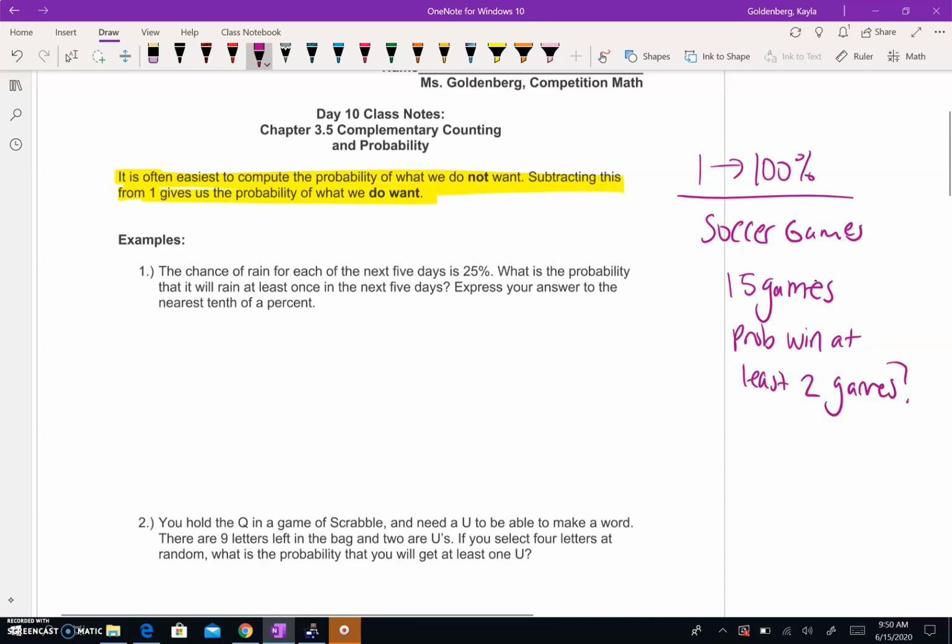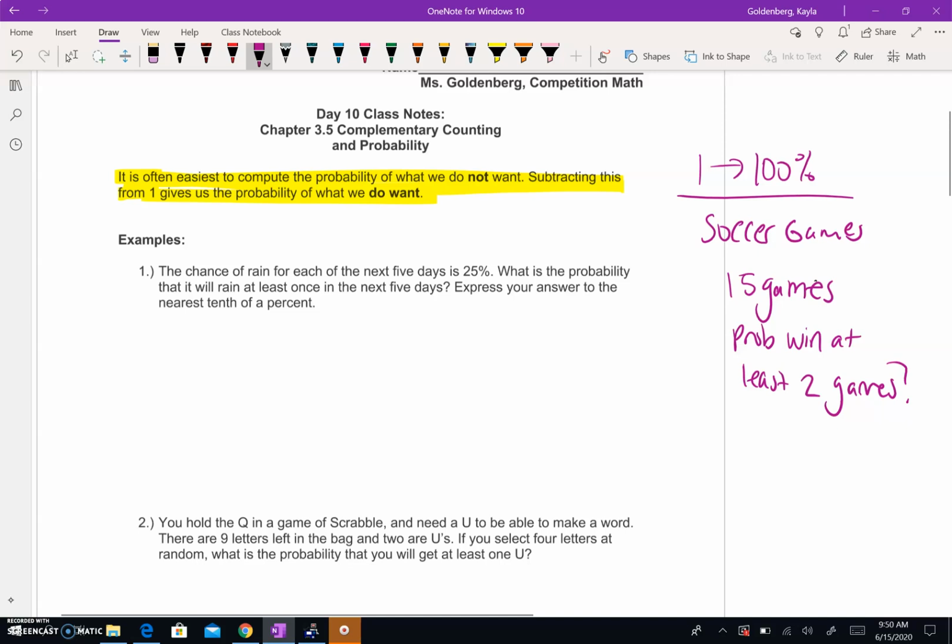The difficult part is that I could win 2, 3, 4, all the way to 15. So it seems burdensome to calculate all those probabilities separately and then put them together to get your final answer, right?